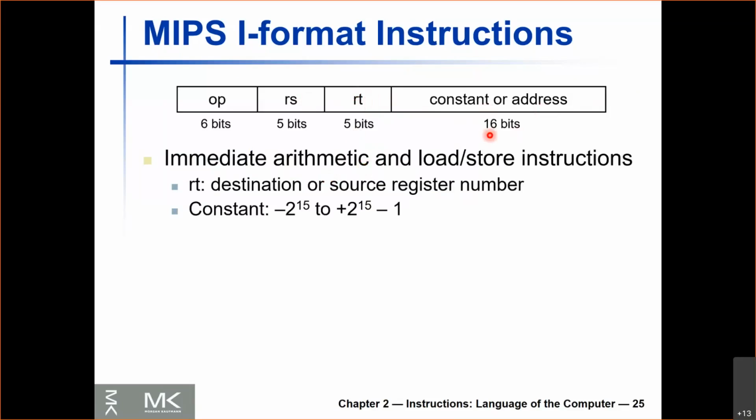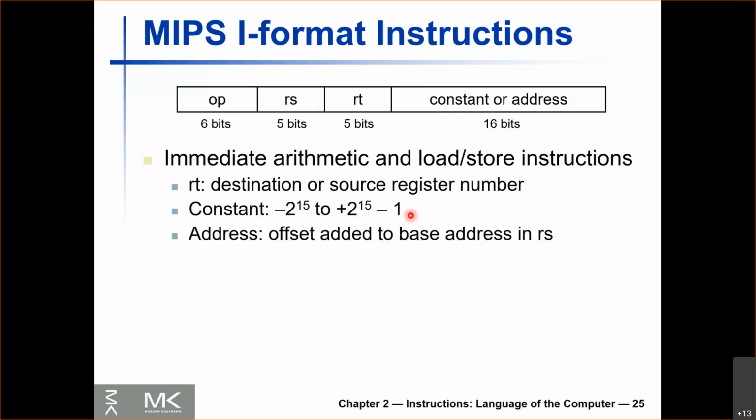Because we want to be able to represent negative numbers, because like I said before, if we want to subtract a constant, we're going to use add immediate and give it a negative number, the range of constants that we can represent is going to be negative 2 to the power 15 to 2 to the power 15 minus 1. So that's a total of 2 to the power 16 constants.